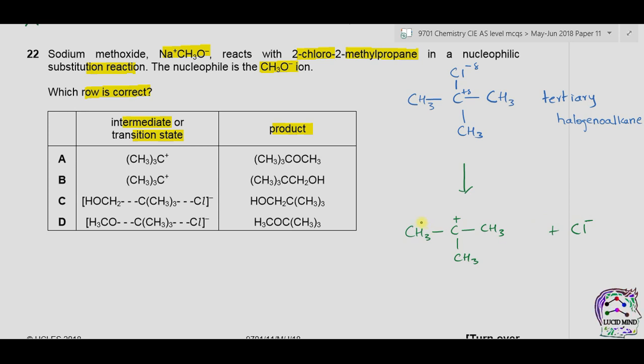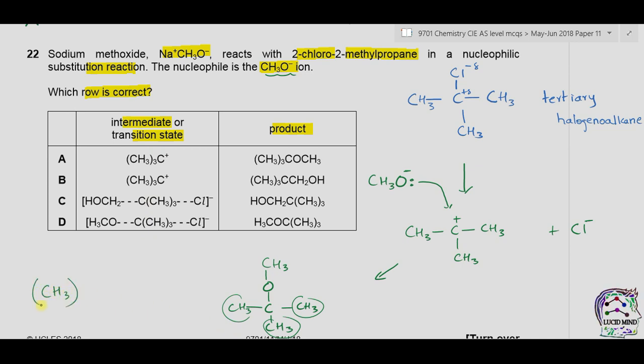And then in the second step, CH3O- will attack this carbon and form the product. As all these methyl groups are similar, we can write (CH3)3.